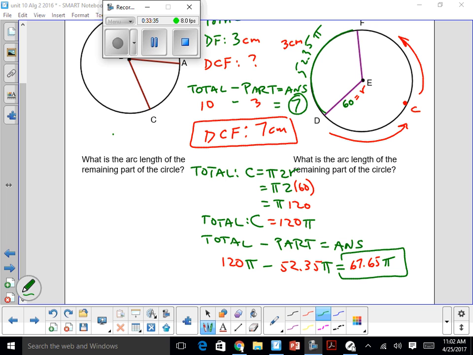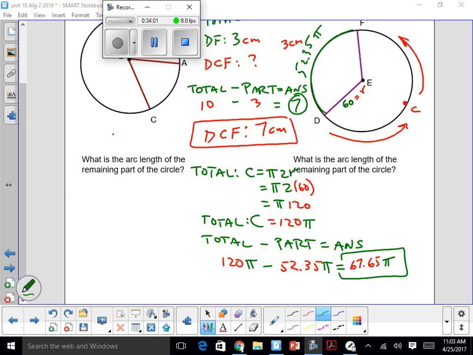Okay, this is one problem. How much is left over? The problem he's asking us is how do we turn this 52.35 into a degree? The answer is the following. Write it as a fraction. 52.35 pi. Oh, it's about to be easy.